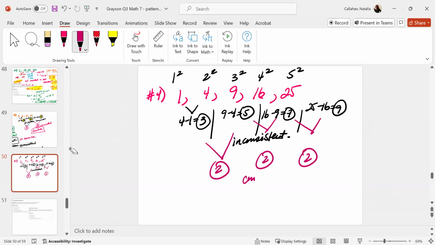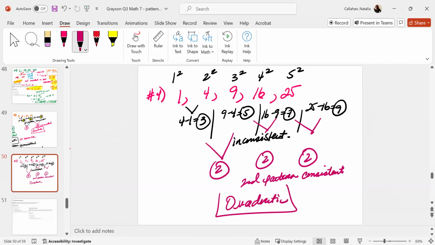So the second pattern is consistent, right? So this is going to be quadratic, and you don't need to go ahead and do that, okay? But you see how you're going to show the work here? Did you show the work for that? I'm going to pause this so you can.